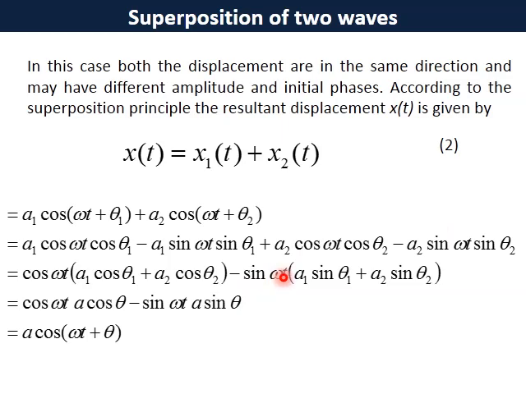So sin omega t is common, and within the bracket I have a1 sin theta 1 plus a2 sin theta 2.